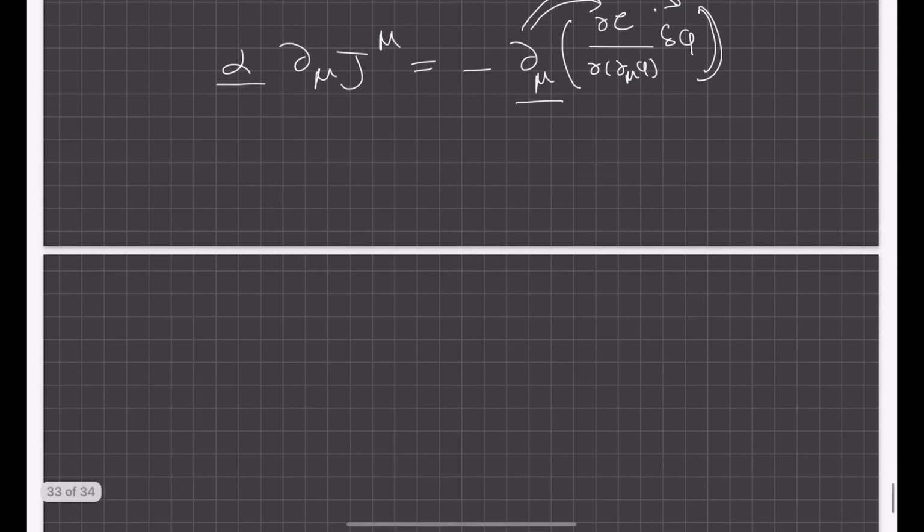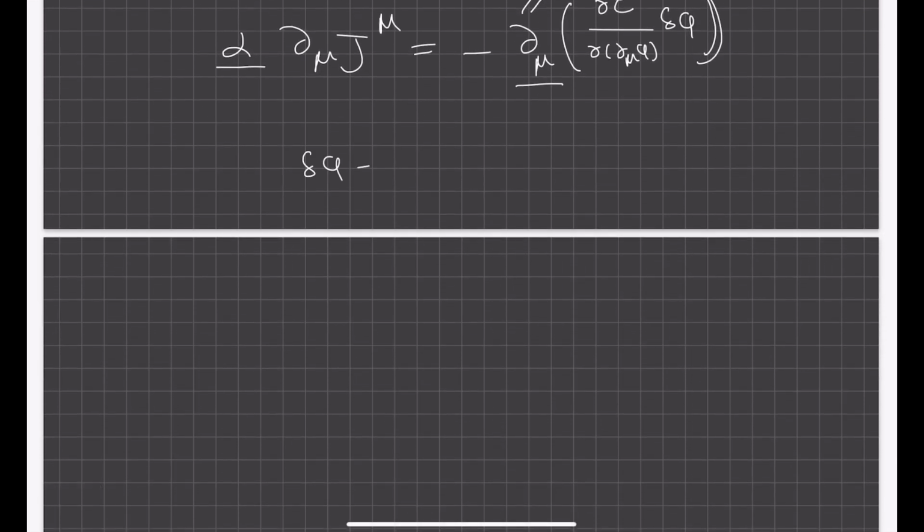Again, we start with the assumption that phi goes to phi plus some infinitesimal parameter times delta phi, and imagine this delta phi is something under our control. So we control this one, and now we write down everything in terms of the deformation of the field.